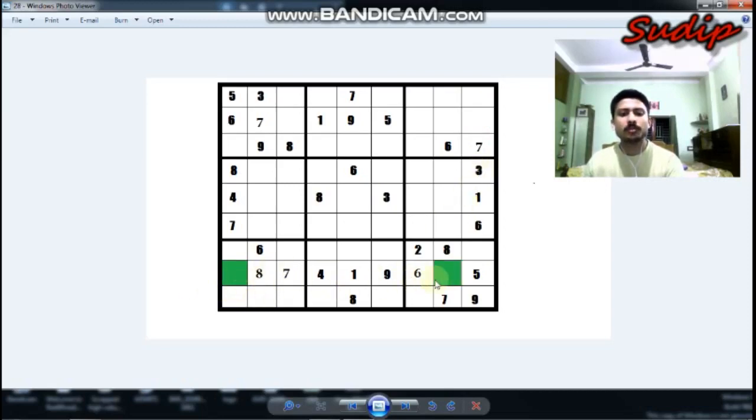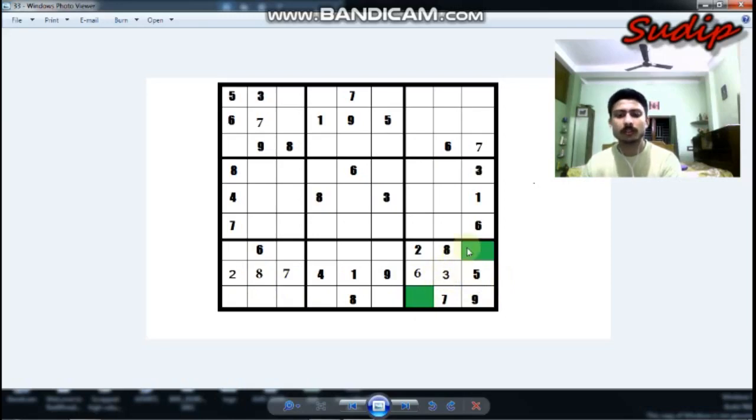Now 2. Here is a 2, here will be a 2, and here is a 2, so no 2 will be there, so there is a 2. Now here one position is left, so what is not there? There is not a 3, so here we put a 3.